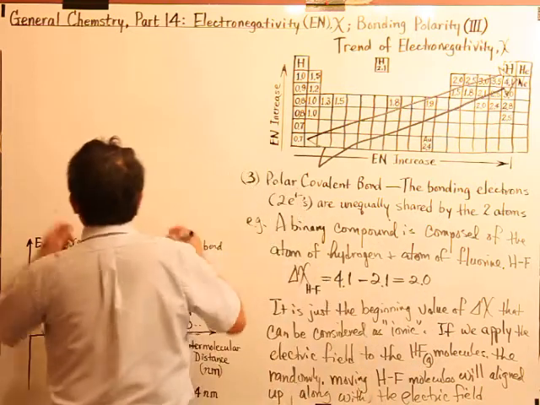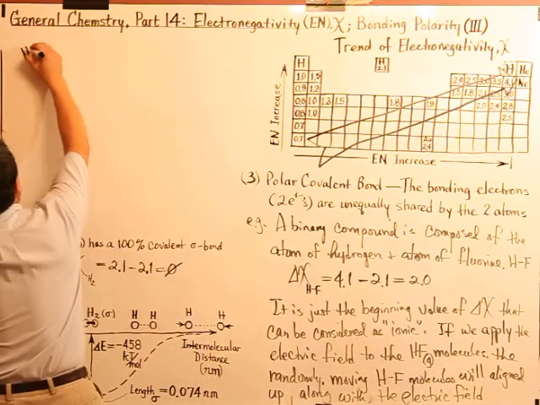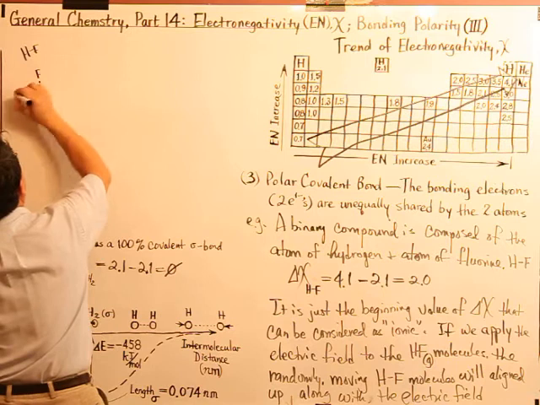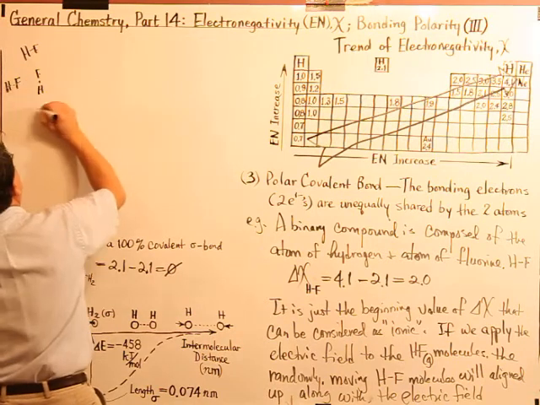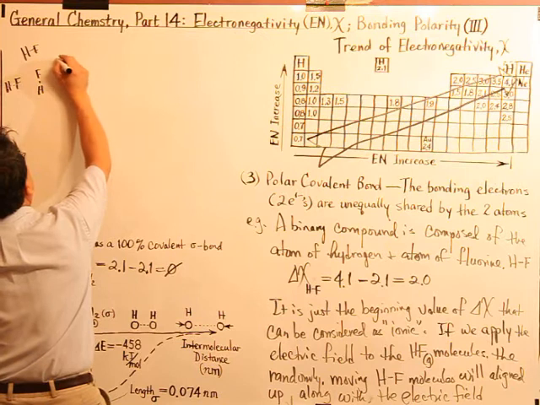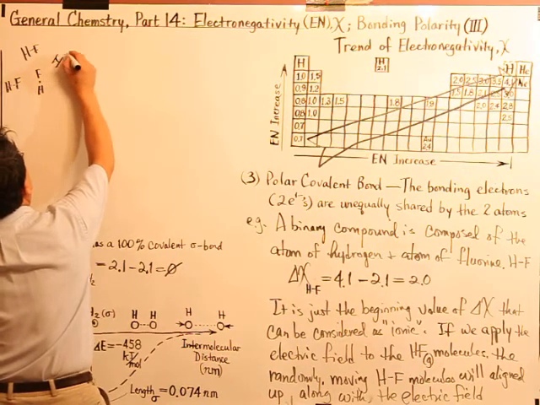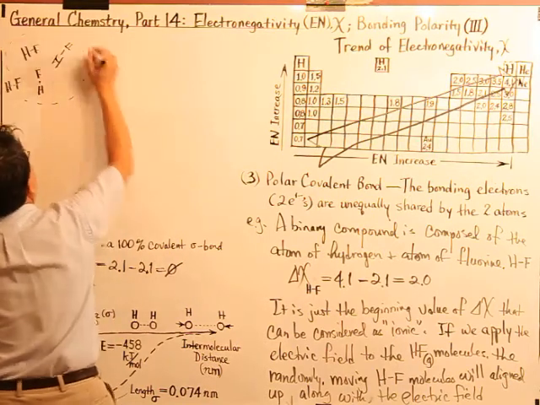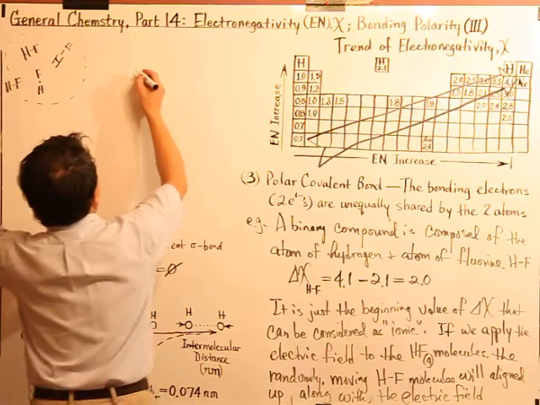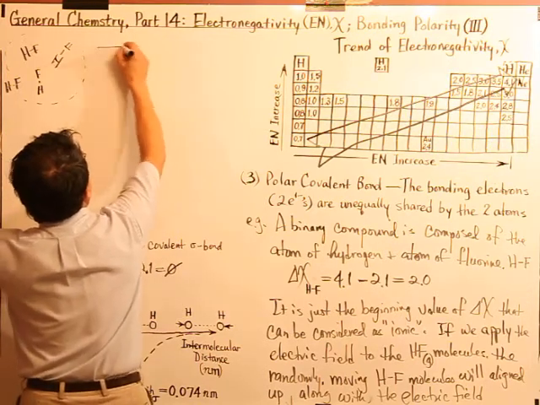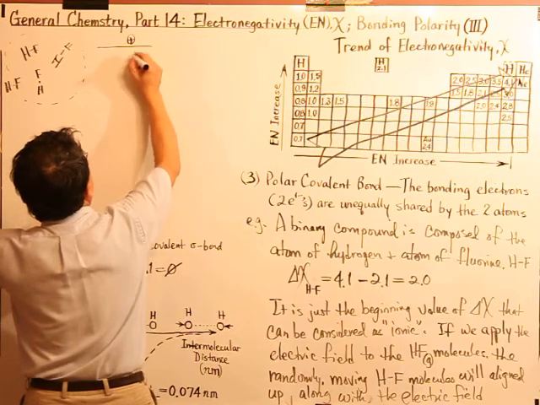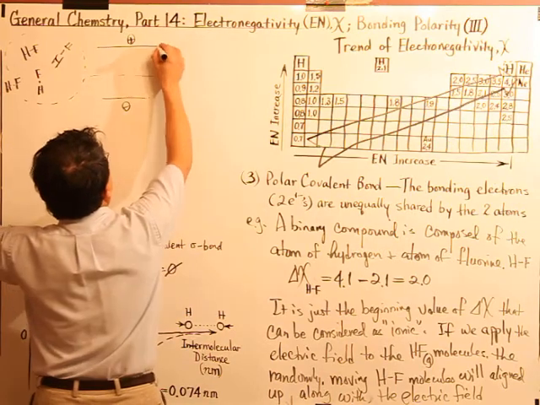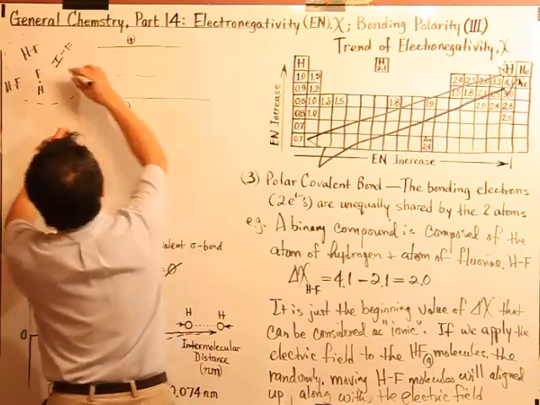So what is the situation? If you have HF right here, and this one is FH, and this one is FH this way, and you have another one, HF this way, and you put this whole gas into the electric field, say here is the positive and this is the negative, and you pass through, then they all become aligned.